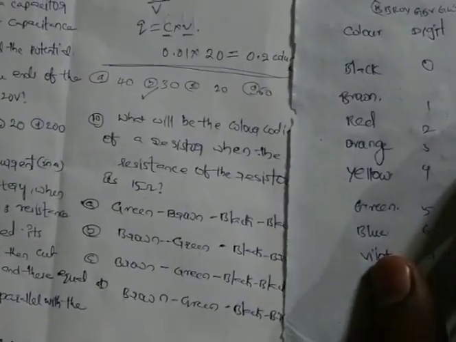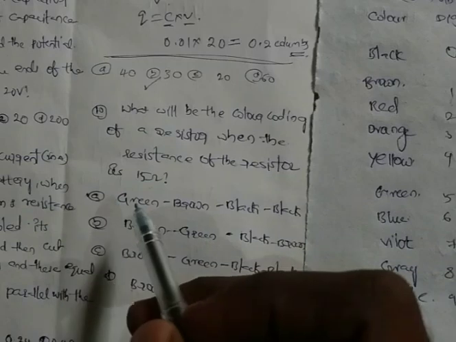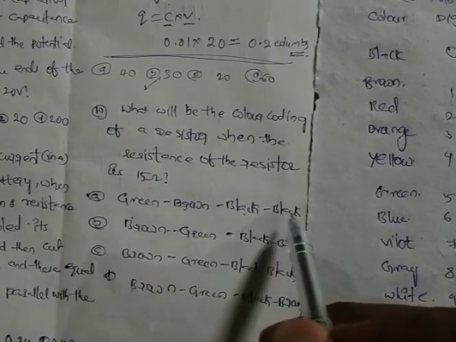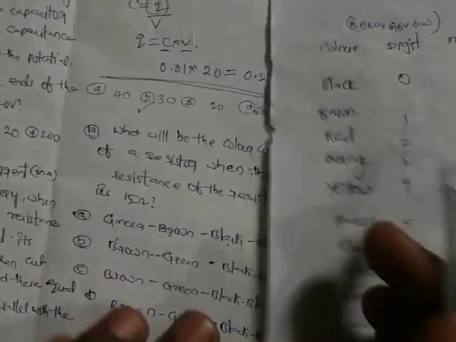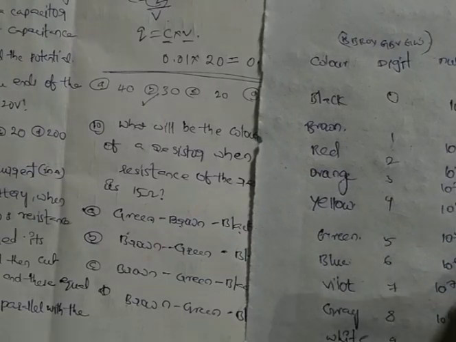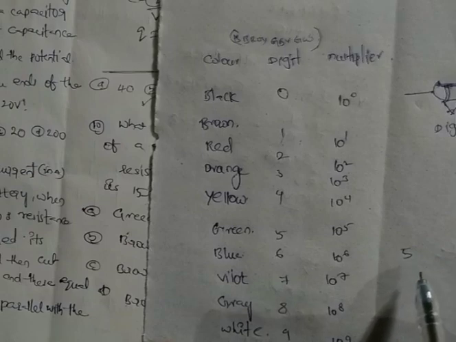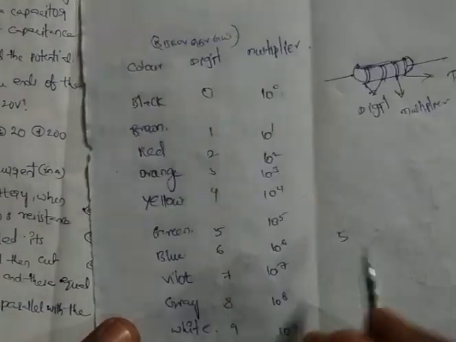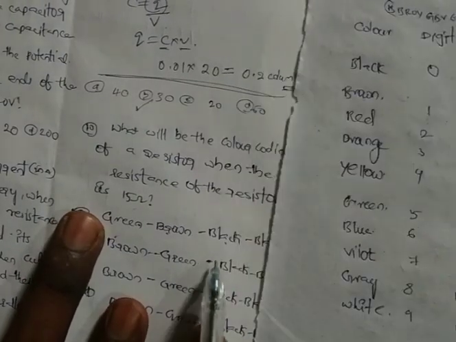First option, option C: green, brown, black. The digit value for green is 5, and next brown is 1, and the third color, black, indicates the multiplier.